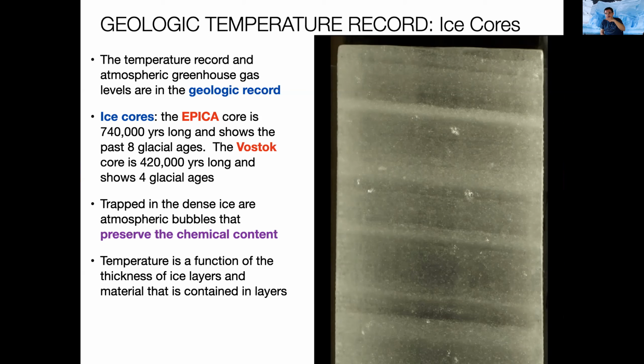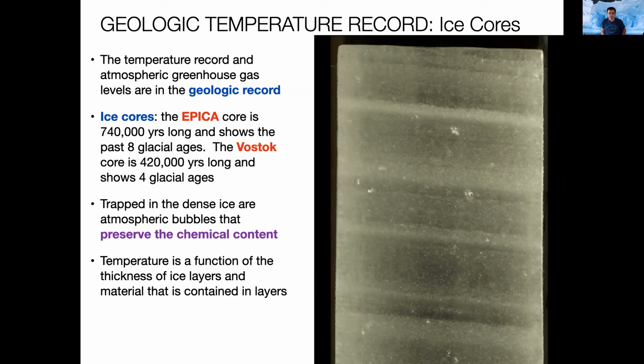Year after year after year, snowfall getting compressed into ice and compressing itself into the Antarctic ice sheet that's been there for hundreds of thousands of years. We know how the temperature goes by measuring the thickness of those layers, because the overall temperature affects the snowfall and it affects the snow melt, which is part of the compression of the ice into the layers.